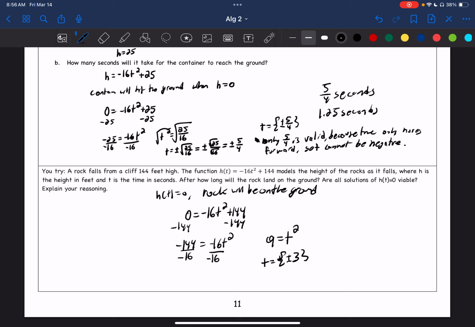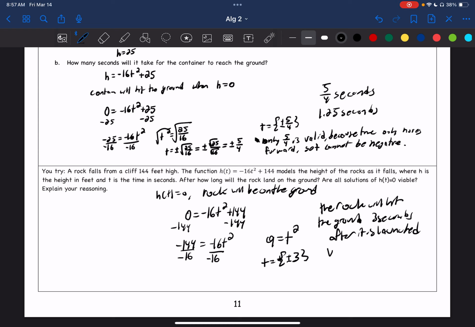So we get that this function will be equal to 0 when t is plus or minus 3. So the rock will hit the ground 3 seconds after it is launched.